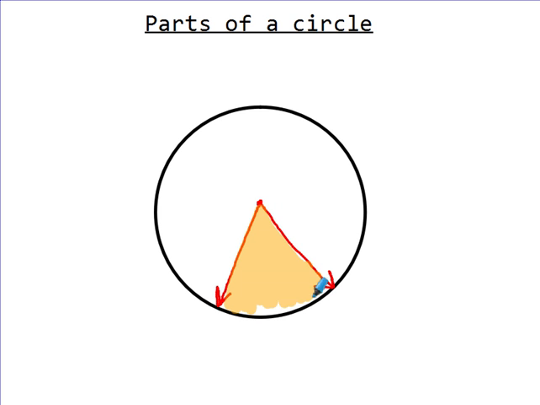I've highlighted this sector here in orange. So it's the area in between 2 radii.